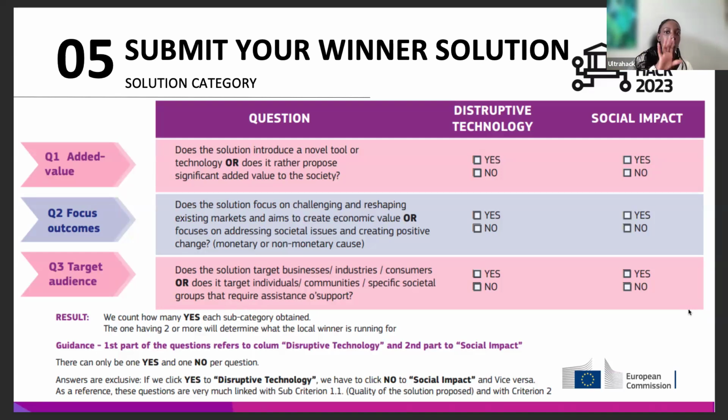There can only be one yes and one no per question. Answers are exclusive. If we click yes to disruptive technology, we have to click no to social impact, and vice versa. As a reference, these questions are very much linked with the sub-criterion 1.1, quality of the solution proposed, and to criterion 2.